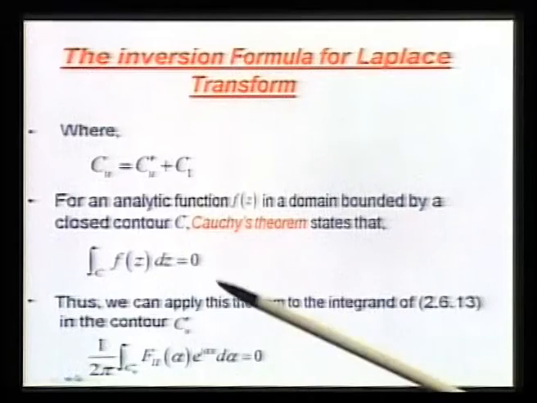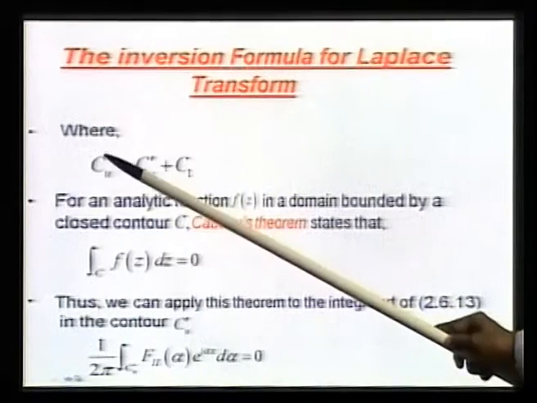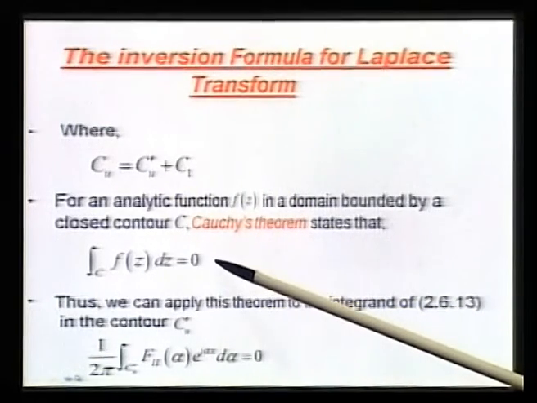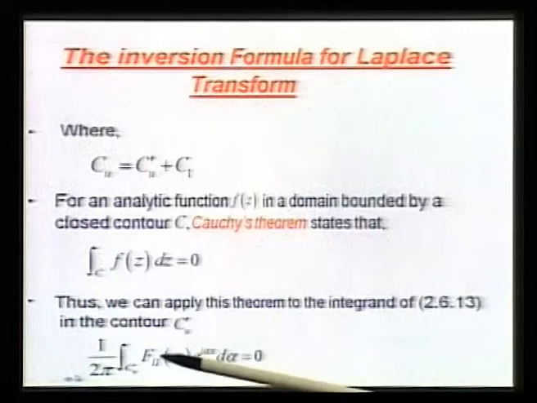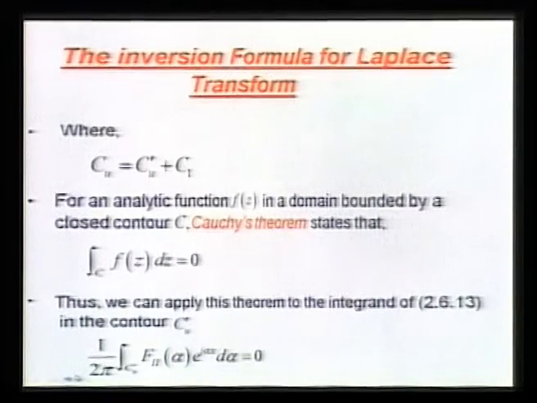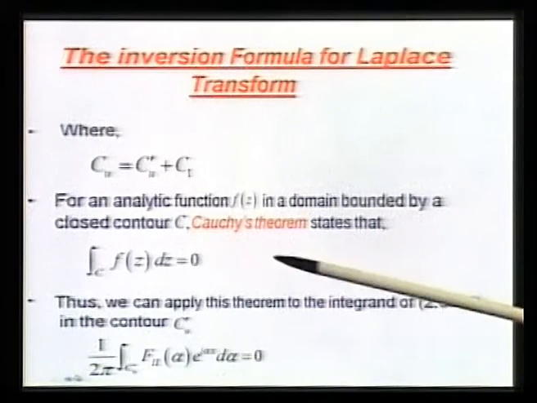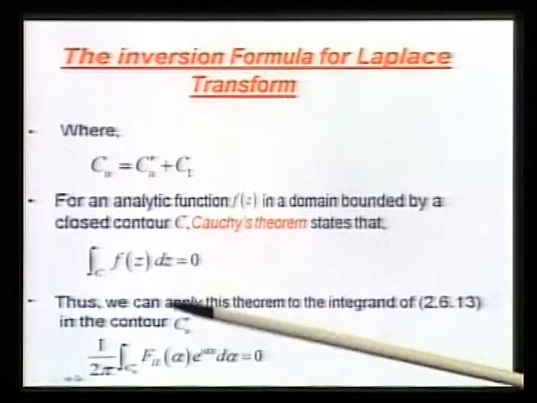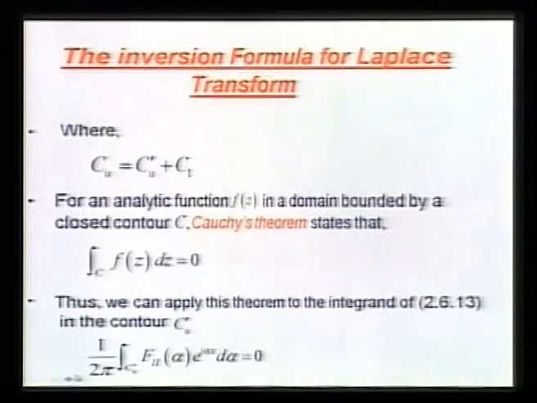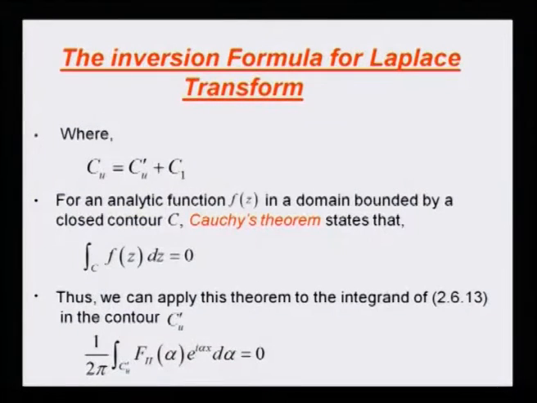Okay. Now, in this C upper, the integral of f(z) dz is 0. Okay. So, this is what we are talking about. So, here of course, z is replaced by alpha. So, this is what we get, and please understand f(z) is nothing but f2 of alpha times e to the power i alpha x. This is the whole thing, right. The whole thing is your f(z) there.